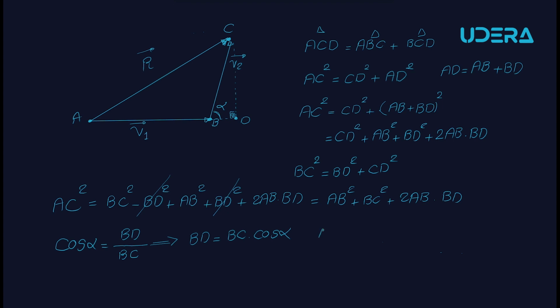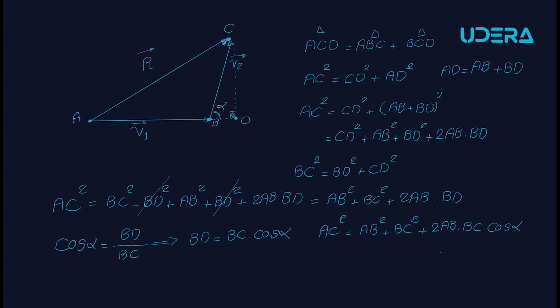That will be AC power 2 is equal to AB power 2 plus BC power 2 plus 2AB times, instead of BD, I'm writing BC times cosine of alpha. Now here, I'm going to replace the sides with vectors.